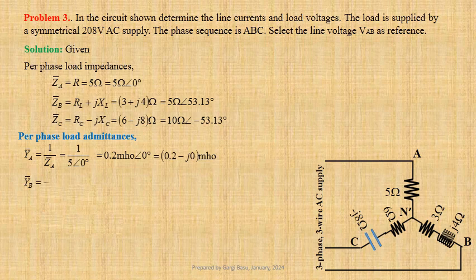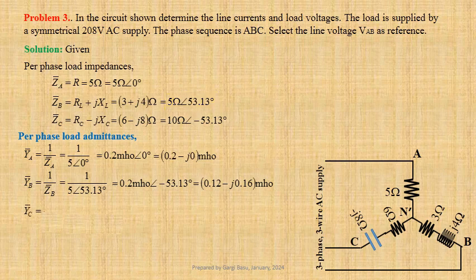Yb equals 1 upon Zb, that is equal to 1 upon 5 at an angle 53.13 degree. That gives us 0.2 mho at an angle minus 53.13 degree.